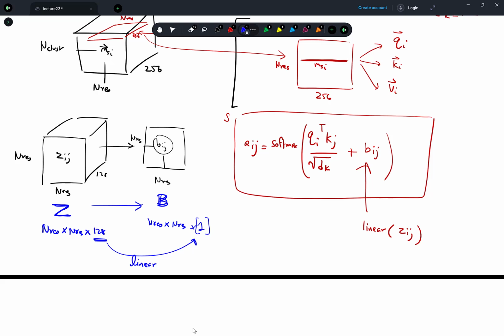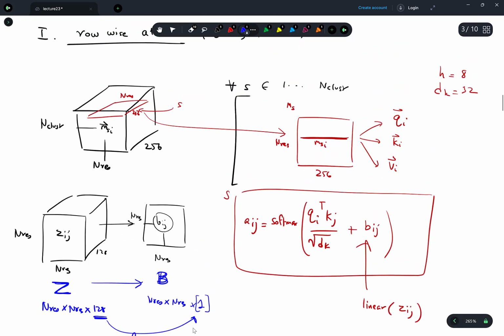And linear means that you're doing weight vector and bias. These linear layers, by the way, are without any bias, just to be clear. When you do attention, you don't have any bias. So when you project it down, these are all linear transformations into 32 dimensional space. So you go from 256 dimensions to 32 dimensions. These are all just linear, no bias.